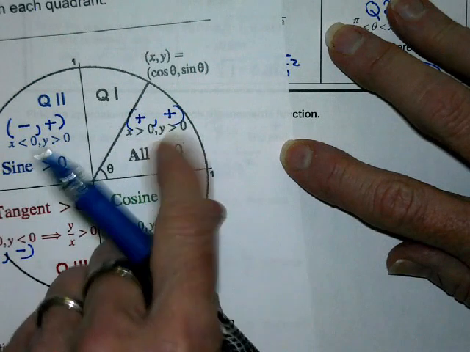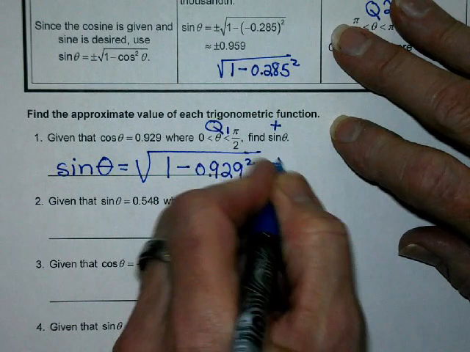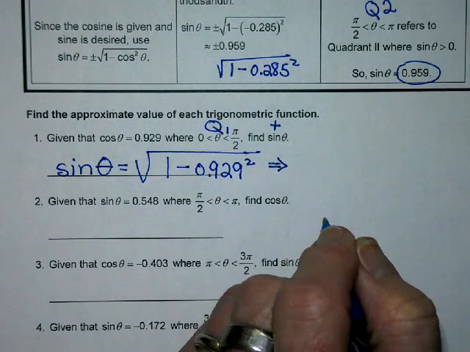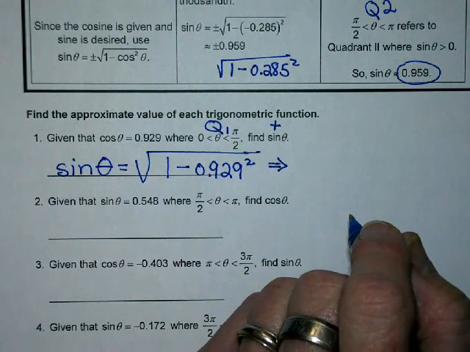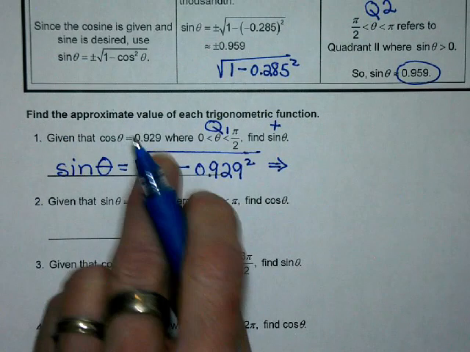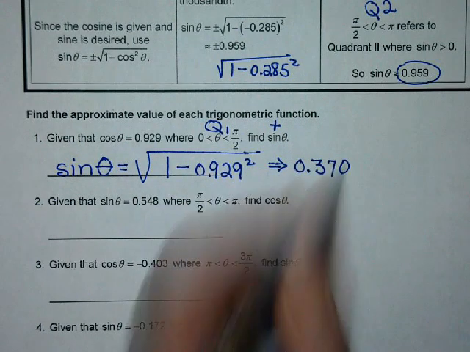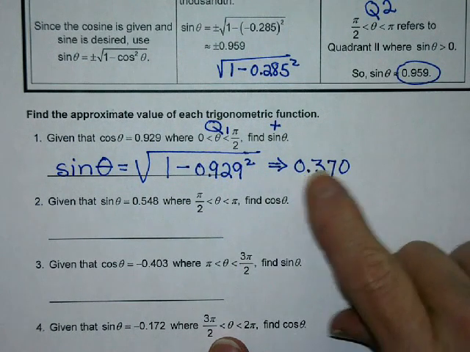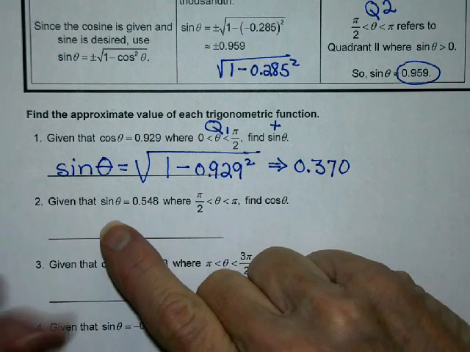Everything's positive in the first quadrant, remember? All trig functions are positive in the first quadrant. So plug and chug. And since I have 3 decimal places here, I'm going to go ahead and put in 3 decimal places there. And it's positive. So, yay, done.